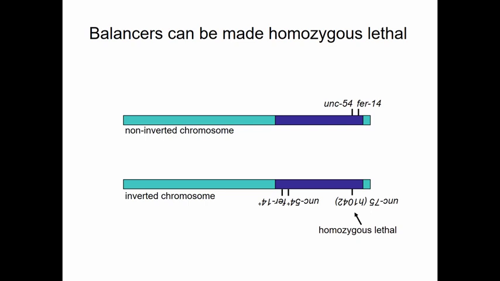But if you have a mutation that completely kills the protein function, it's dead. So this would be like a haploinsufficiency thing, except that this isn't dominant, right? And so that means that the inverted chromosome is dead as well.